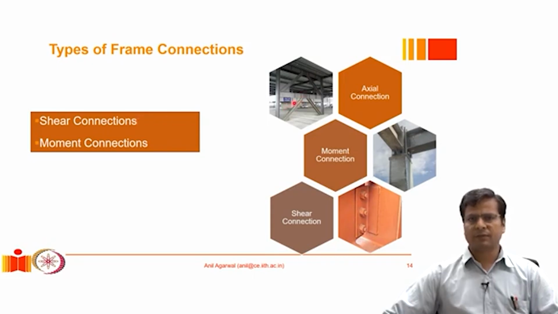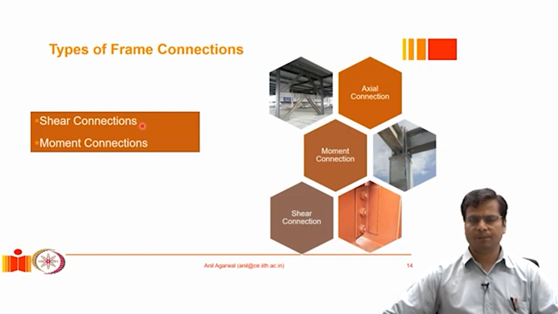Most such frames, which do not have a significant amount of lateral load resistance, consist of beams and columns, as they are supposed to, and in addition there will be shear connections joining the beams to the columns or beams to the girders. If there is a grid system in the floor, then you would have primary beams, which we may call girders, and secondary beams, which we may also refer to as simply beams.